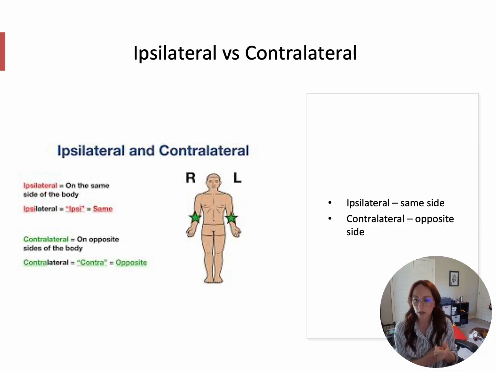And then contralateral is opposite sides. An example: if someone is having knee pain, they may shift their weight to the contralateral side to reduce the pressure on the joint that is causing the discomfort. So contralateral, opposite side.